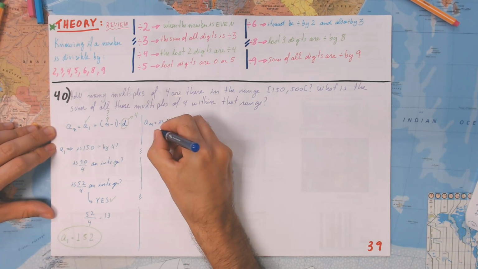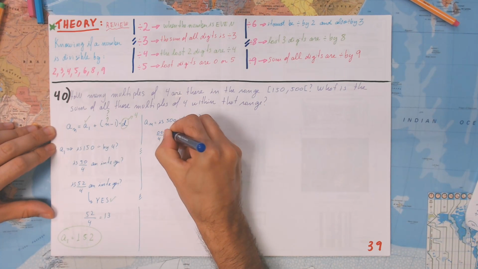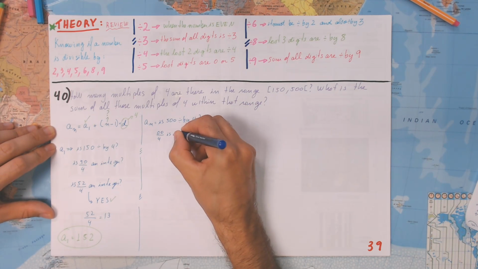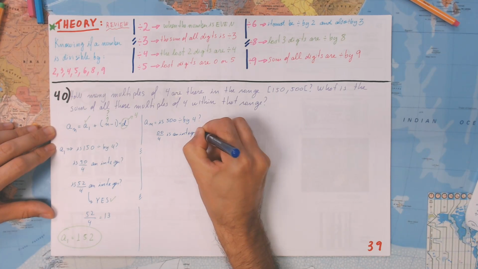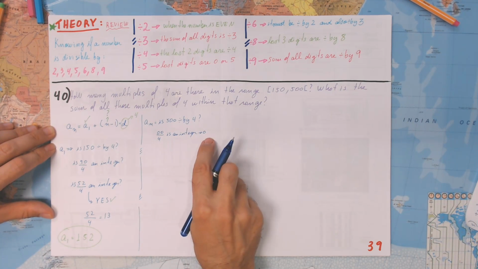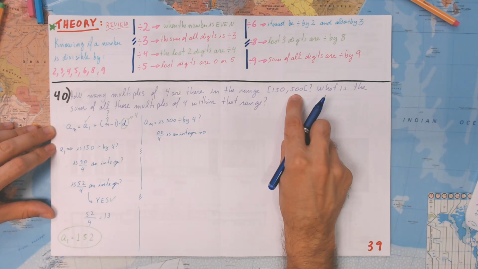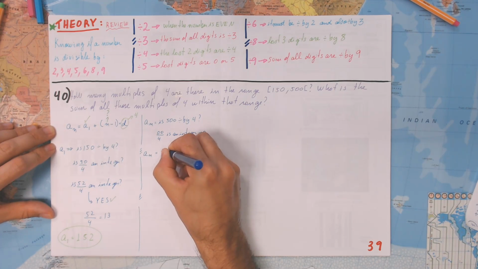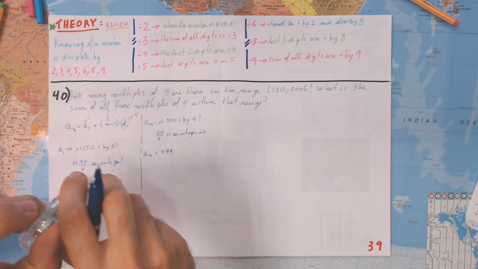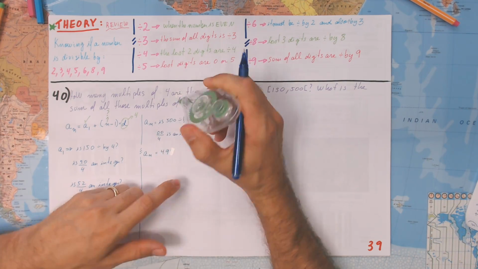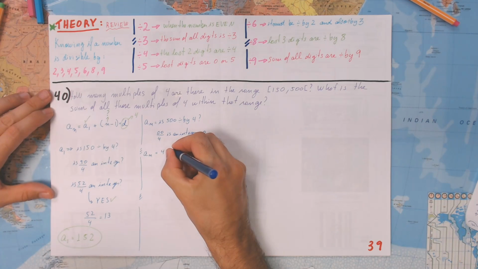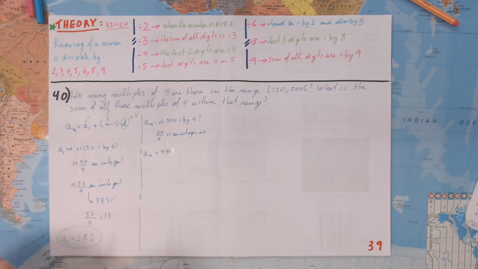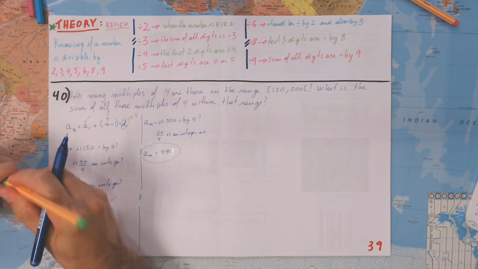Because 0 divided by 4 is an integer, right? It's just 0. It works, okay? But we're not going to use 500 because we can't use it. So an must be 496. Oops, I just said that, but I wrote something else. So 496. Okay, so this is our an.